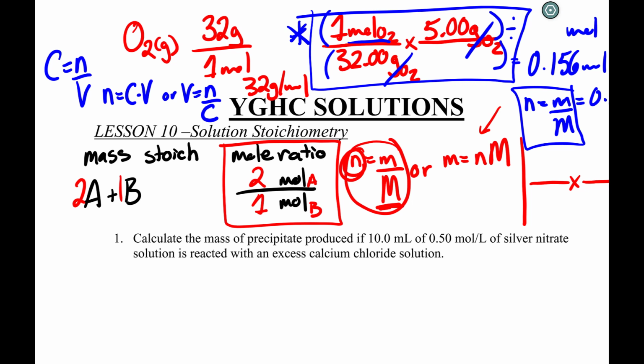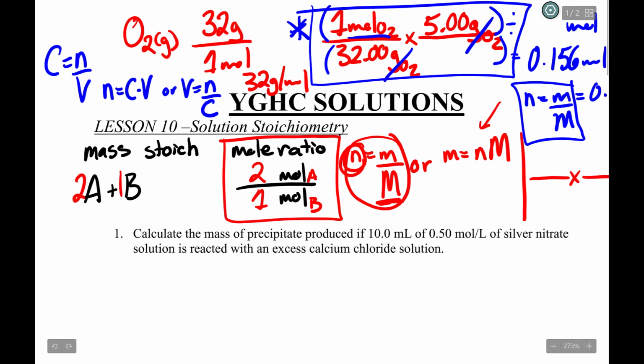One where we are forming a precipitate, and we're trying to figure out the mass of the precipitate. That's going to be question number 1. And then question number 2, we're still making a precipitate, but what we're going to look at is the reaction between the reactants and figuring out the volumes of solutions we need to mix together to selectively precipitate out an ion, which ties into the selective precipitation part of this unit.